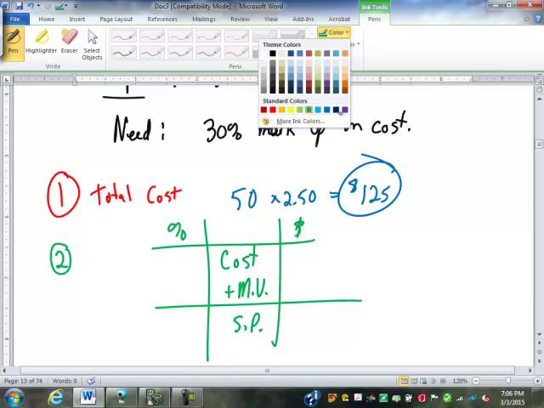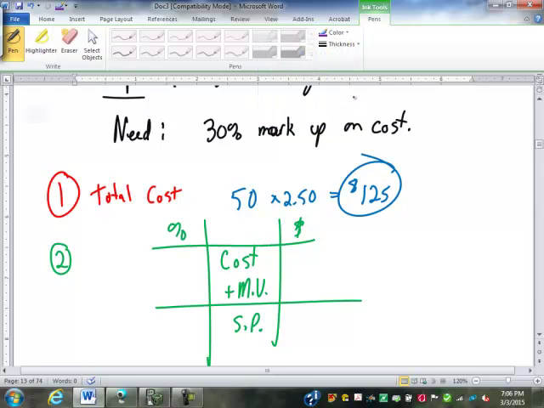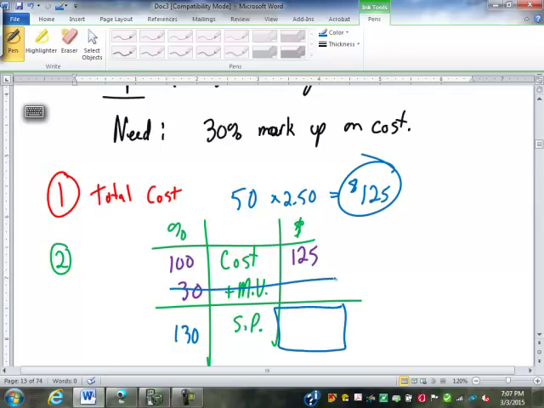And then the 100% goes here. Yep, cost. 125 is the dollar cost. 30% is the markup. I'll put 130 down here. 100 plus 30. And we're looking for this.